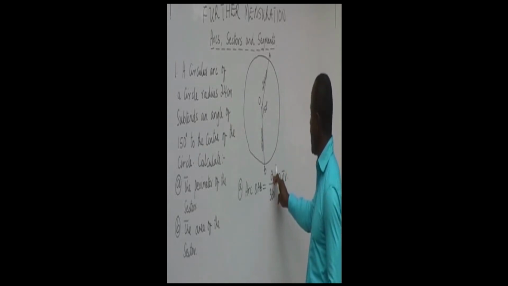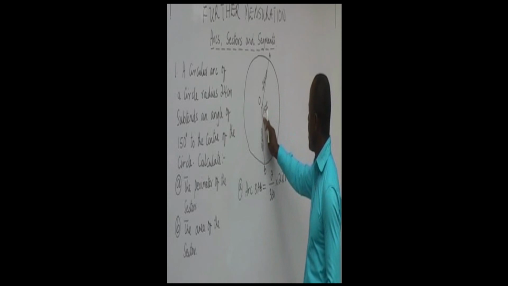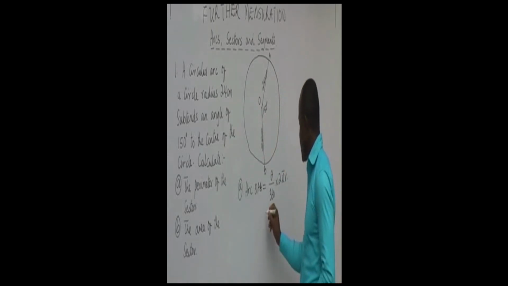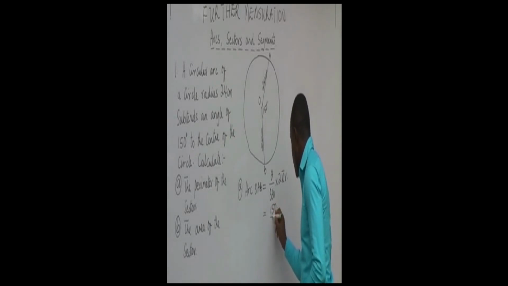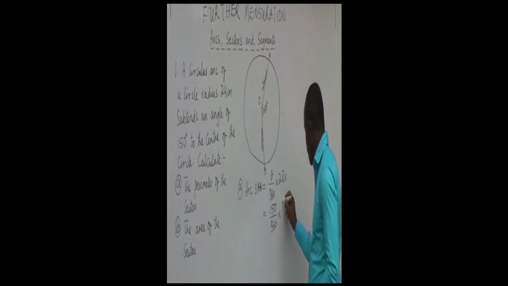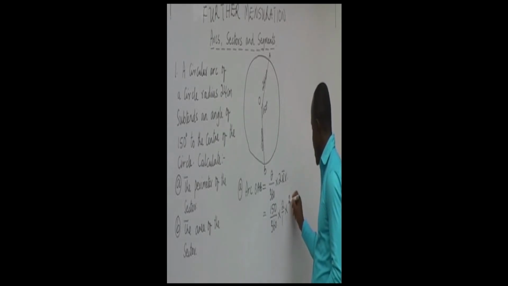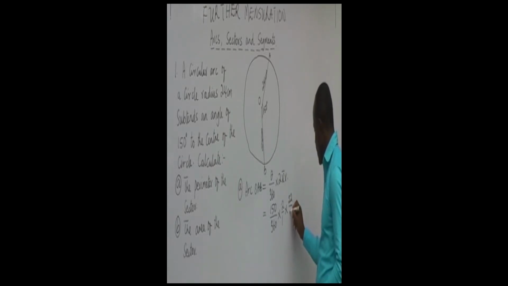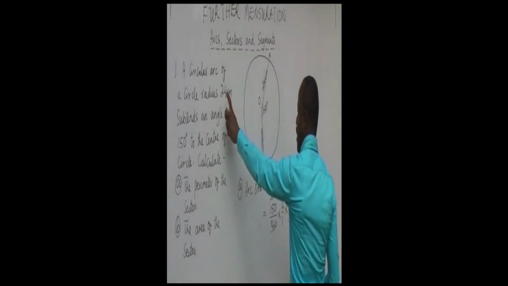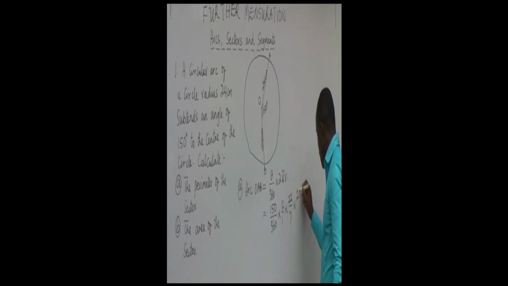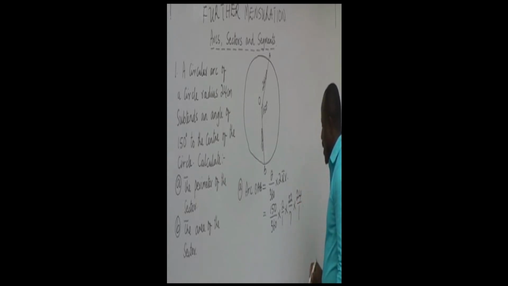This theta is the angle the arc subtends to the center, and in this case our theta is 150. So we have 150 divided by 360 times 2 over 1 times pi, which has a standard value of 22 over 7, times the radius given in the question, which is 24 divided by 1.